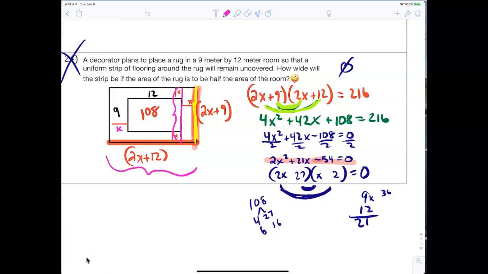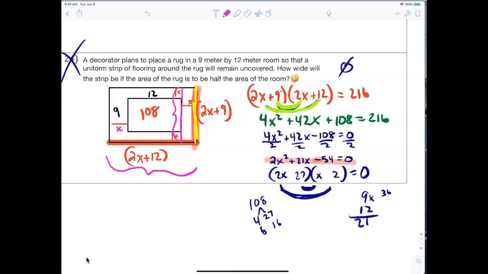All right? So what I did was I just multiplied it, and it says how wide will the strip be if the area of the rug is to be half the area of the room?